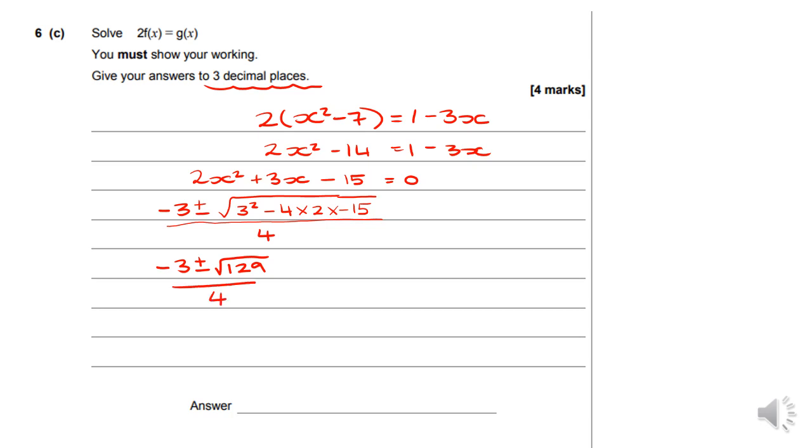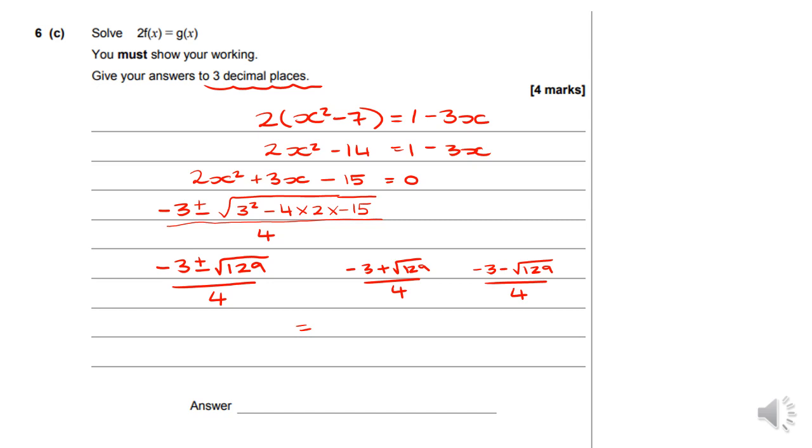And then at that point, it's quite easy because you can just type it in separately to your calculator. You can do minus 3 plus square root 129 over 4, and you can do minus 3 minus square root of 129 over 4, and get you 2 answers.